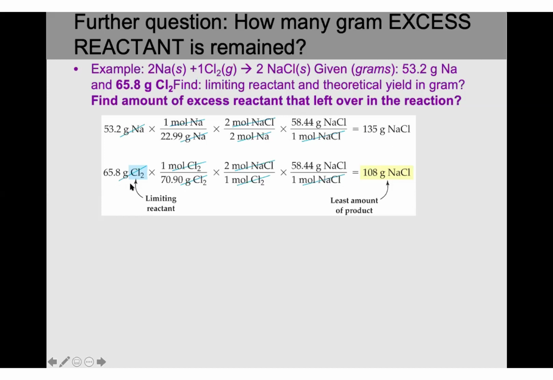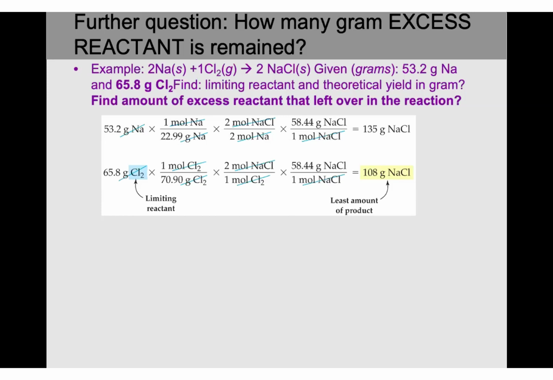I do the same for chlorine. I convert to the mole of chlorine. I use the coefficients to convert to moles of NaCl, and then I use the molar mass of NaCl to get grams of NaCl. So just as a rule, whenever they give you grams in the question, not to make it complicated for you, just go one more step to convert it to grams. Obviously it's not always necessary, but I recommend you do that.